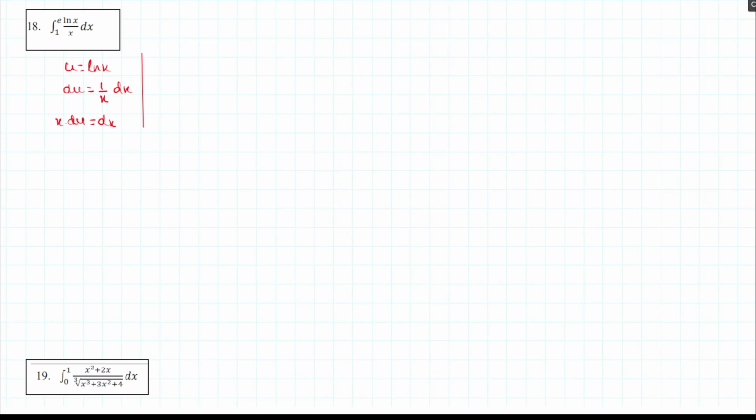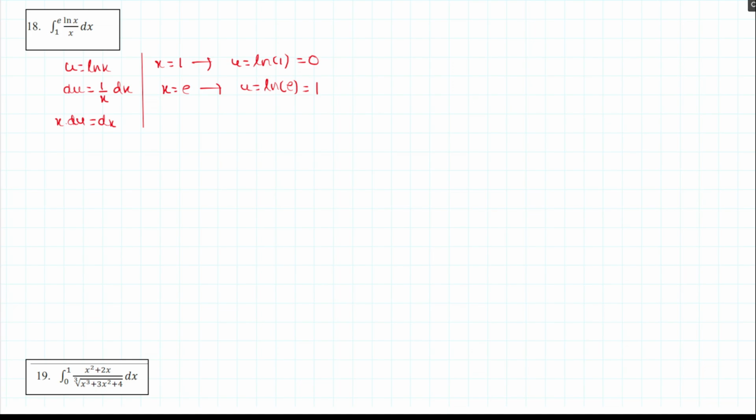Okay, and here you can see the limits are, when x equal to 1, then u equal to ln of 1, which is 0, and x equal to e, and u becomes ln of e, since ln and exponential are inverse to each other, which is 1.